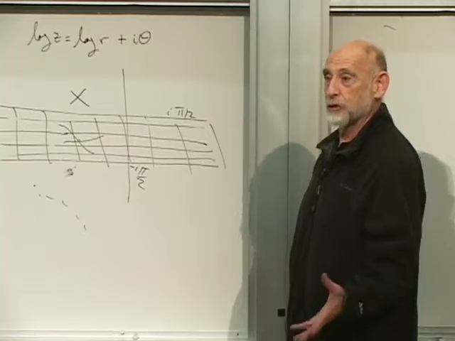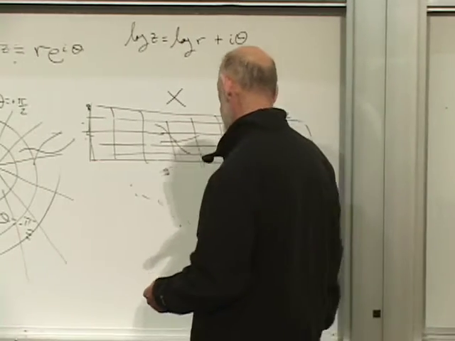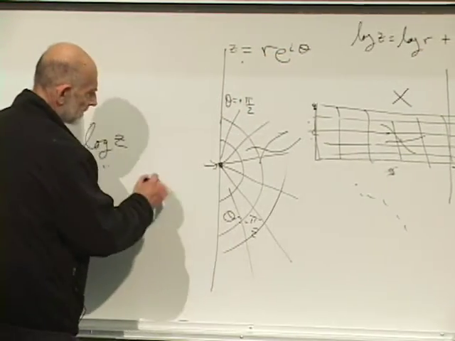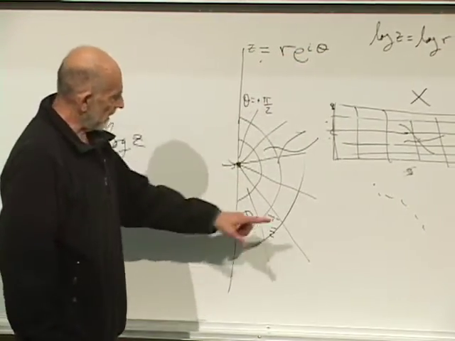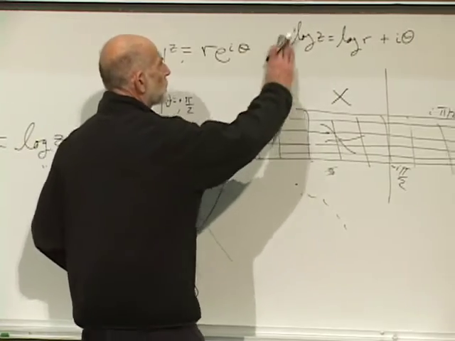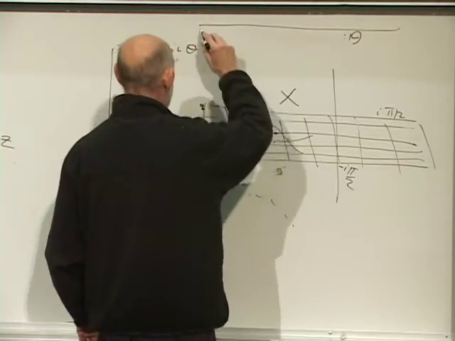Minus pi over 2 plus 2 pi. It goes from minus pi over 2 to minus pi over 2 plus 2 pi. Add 2 pi.